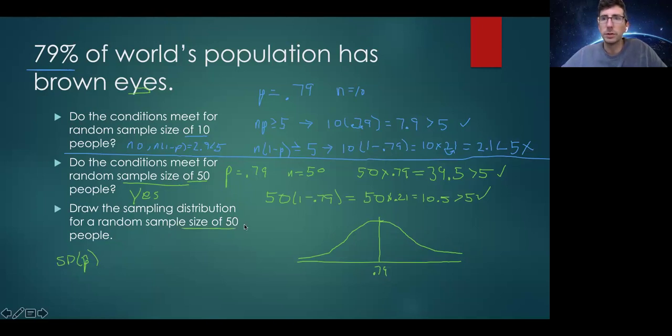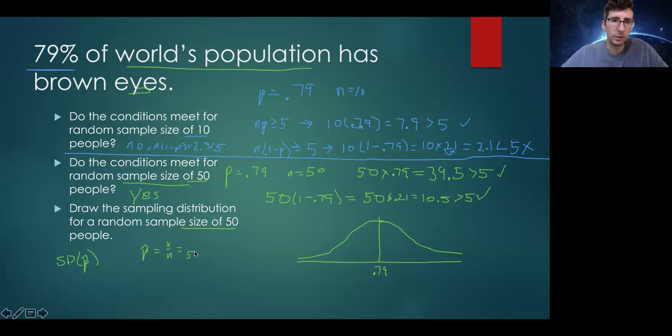If we were to continually sample 50 people from our starting population over and over again, each sample, we wrote down, we took a p hat, which would be x over n.